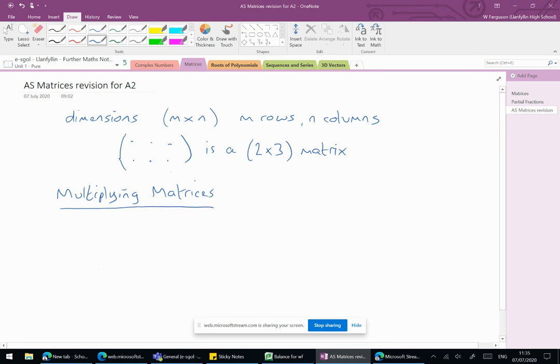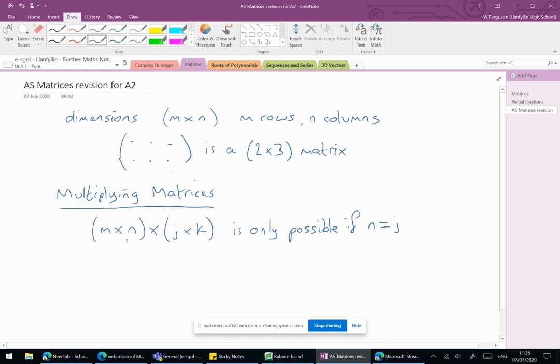You'll remember that if I multiply an m by n matrix by, I don't know, a j by k matrix, it's only possible if n and j are the same.